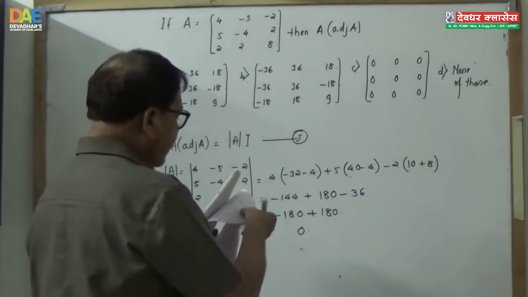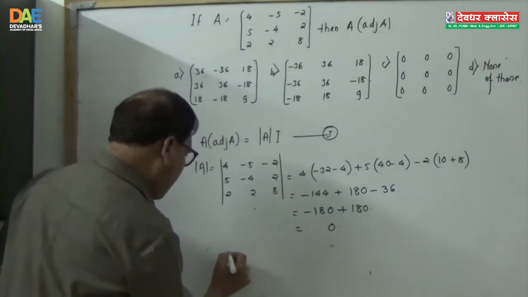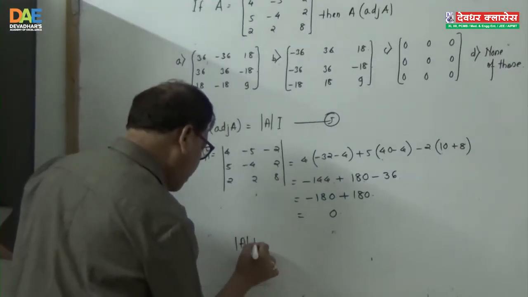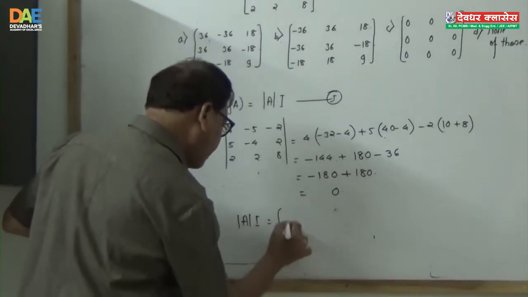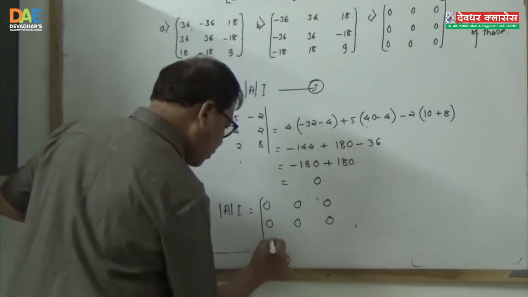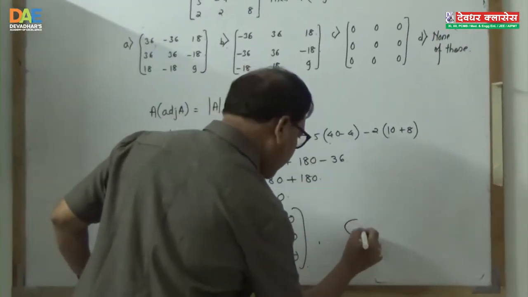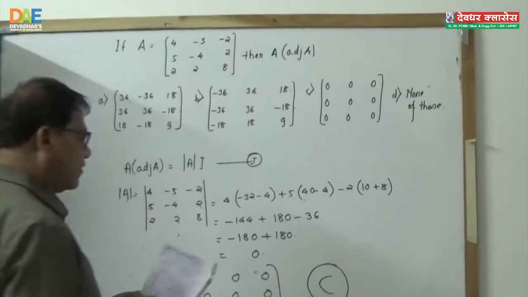So mod A is equal to 0, and therefore mod A into I is also equal to the null matrix, all zeros, and therefore the answer is C choice.